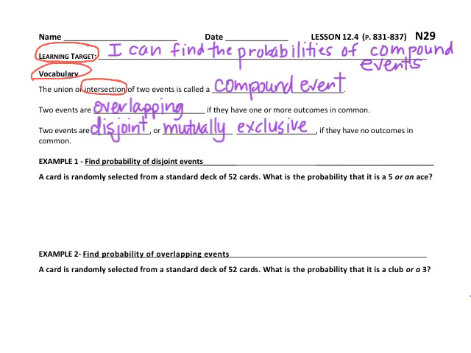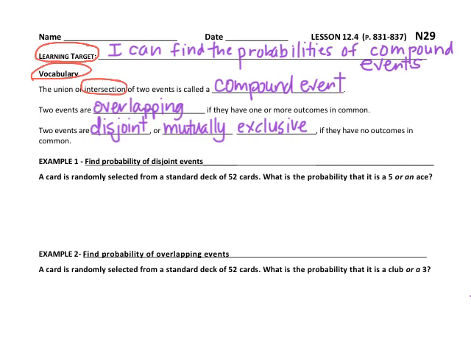So compound event, union or intersection of 2 events, meaning rolling a die and spinning a spinner, or drawing a certain card out of a deck that might meet 2 different categories. So it could be a certain suit of the deck of cards, or it could be a certain color of the deck of cards, or it might be both.